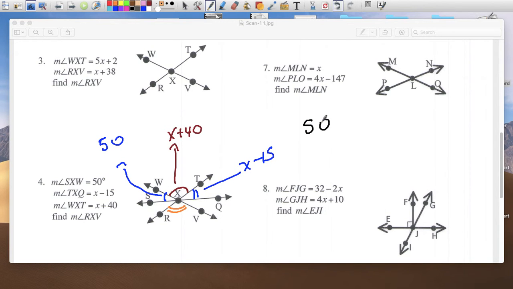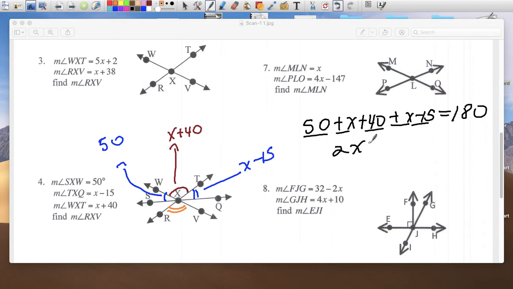So I get 50 plus x plus 40 plus x minus 15, and all those three angles added together give us 180. Combine like terms: x and x is 2x. 50 plus 40 is 90. 90 minus 15 is 75. So 2x plus 75 equals 180.